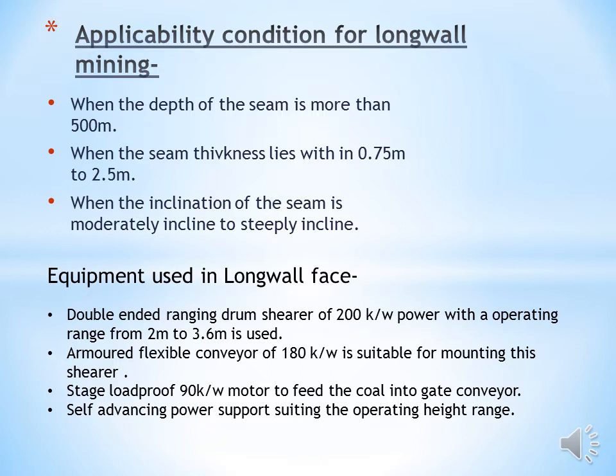Next is the armored flexible conveyor, AFC, of 180 kilowatt, suitable for mounting this shearer. Next is a stage loader with a 90 kilowatt motor to feed the coal into the gate belt conveyor, and self-advancing power support suiting the operating height range.